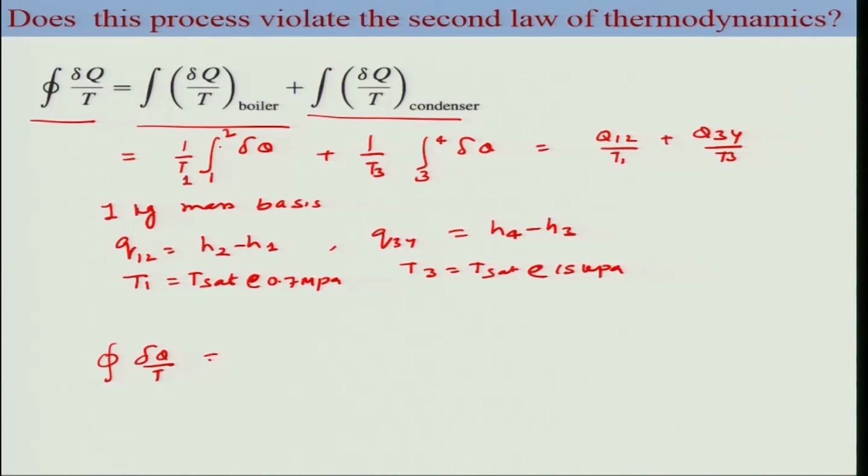It turns out that for 1 kg mass of steam this value is minus 1.087 kilojoules per kg Kelvin, and since it is negative, this satisfies the inequality of Clausius. That means this particular process does not violate the second law of thermodynamics. So this is a very valuable tool to analyze the validity or feasibility of a certain process, and thus it's quite useful for engineering applications.